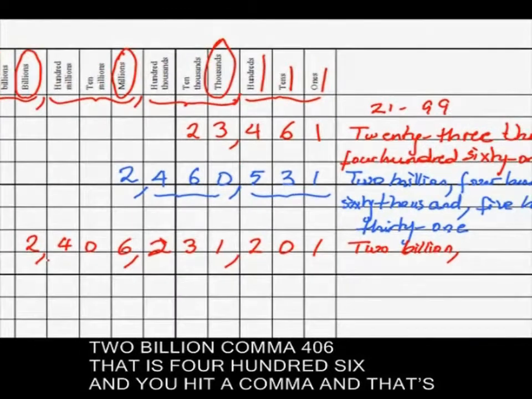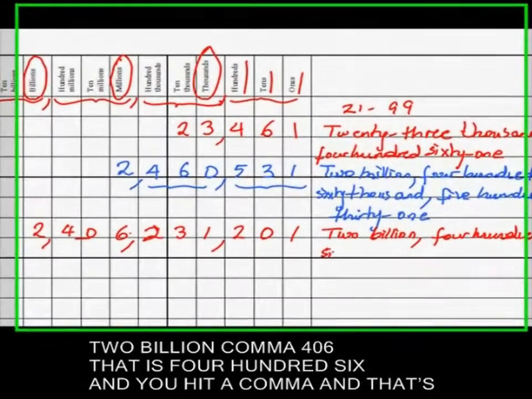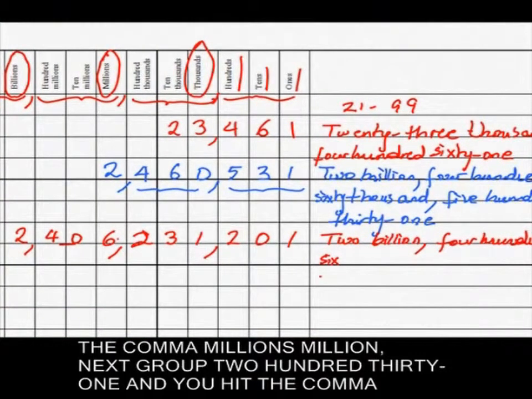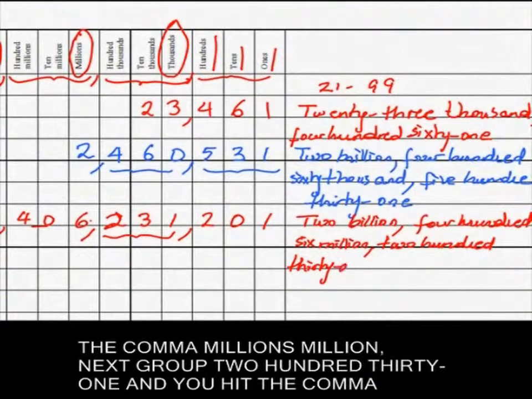comma, 406. That is 406. And you hit the comma, and that's the comma millions. Million. Next group. 231.